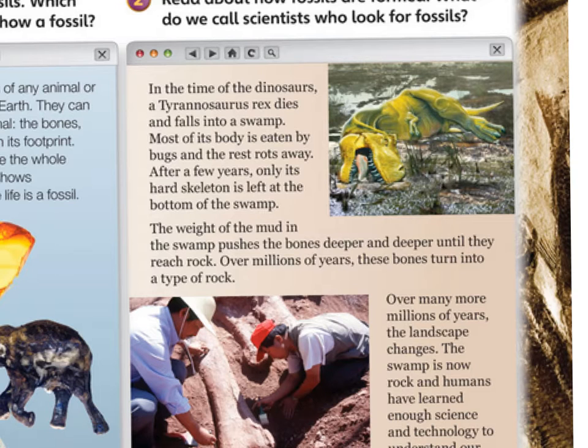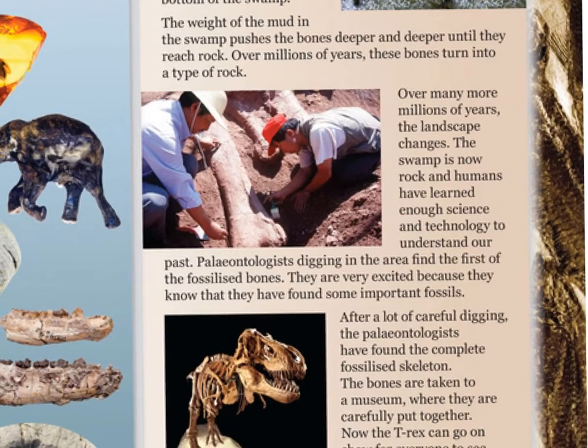Over millions of years, these bones turn into a type of rock. Over many more millions of years, the landscape changes. The swamp is now rock, and humans have learned enough science and technology to understand our past. Paleontologists digging in the area find the first of the fossilized bones.